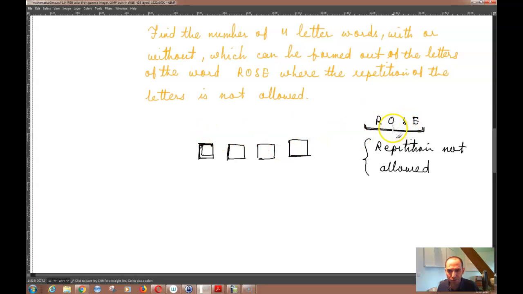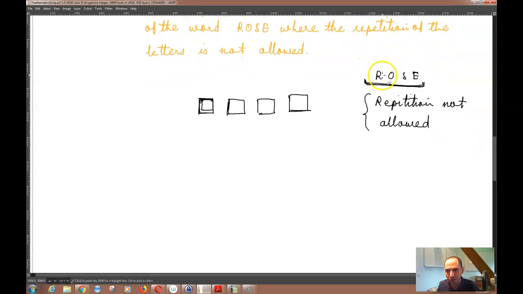You can start with an R, an O, an S, or an E. Once you have chosen R, of course you cannot choose R again because repetition is not allowed. So then you can choose O, or S, or E.